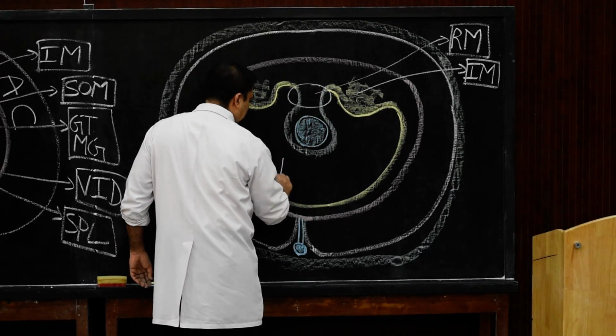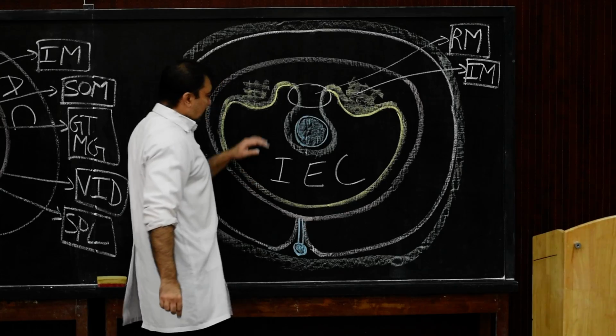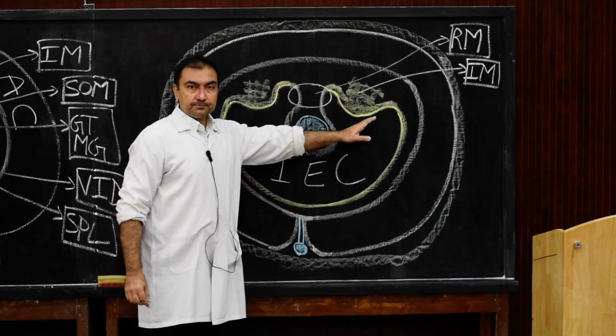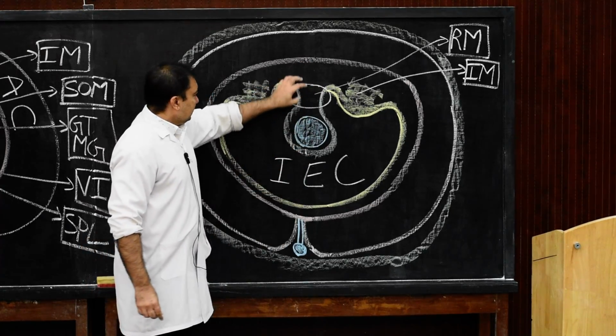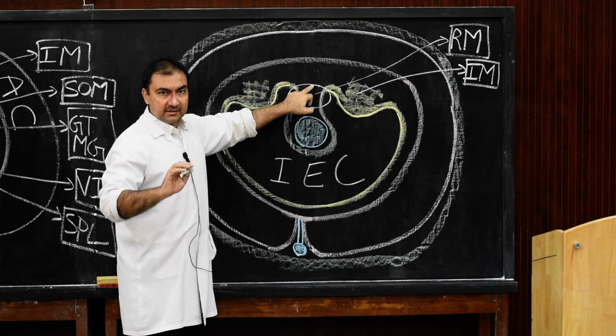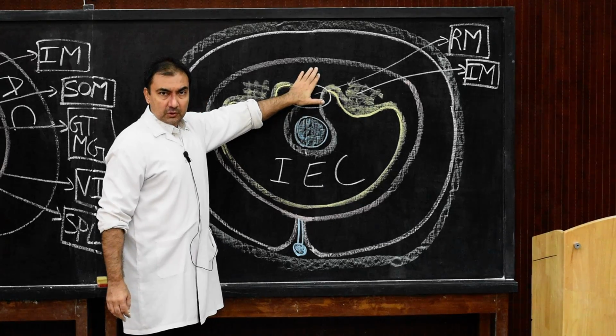intra-embryonic coelom. So this entire cavity is the intra-embryonic coelom. Here, at this level, there will be vertebrae and dorsal aorta, which we need not draw at this stage. But we need to show that this is the posterior abdominal wall.